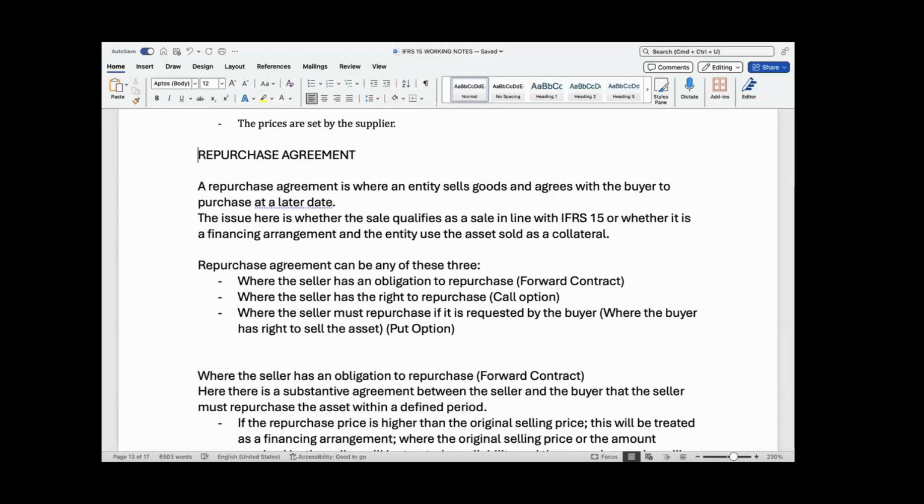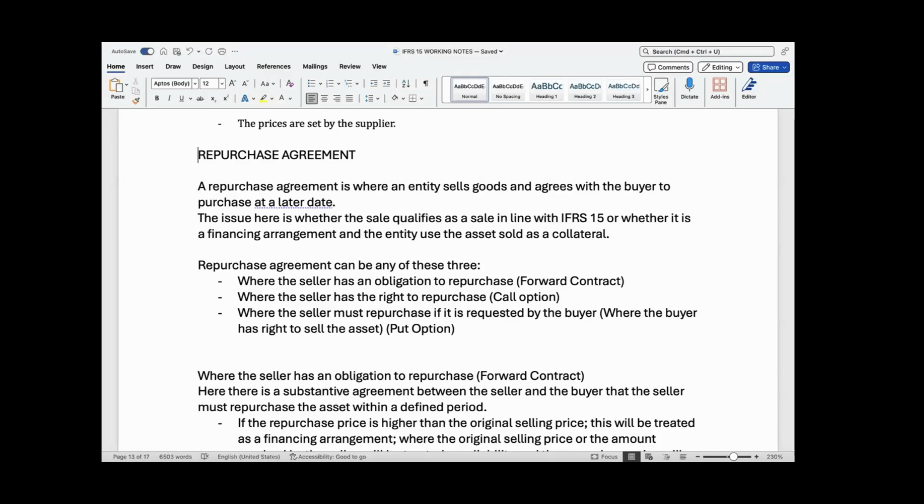You say you sold, whereas you needed money, so you collected money and gave the goods to that party, saying, okay, hold this one, and when I pay you back, you give me back my assets. Maybe that's what you are trying to hide by calling it a repurchase. So the major issue here again is whether it is actually a sale or a financing arrangement.